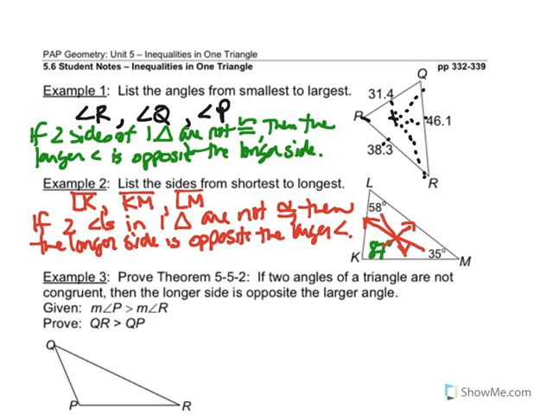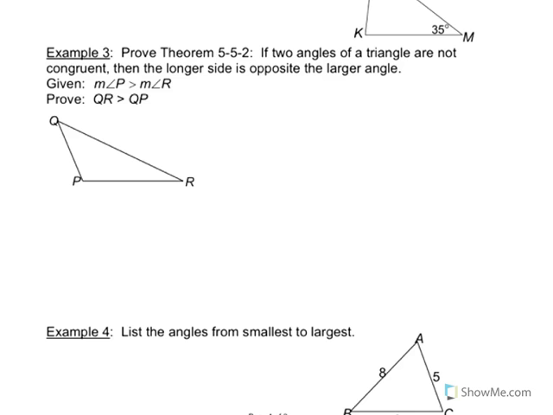Okay, so we're going to prove what is known as Theorem 5.5.2. If 2 angles of a triangle are not congruent, then the longer side is opposite the larger angle. So it's right here in example 3. And as it turns out, we're going to do that using some indirect proof.